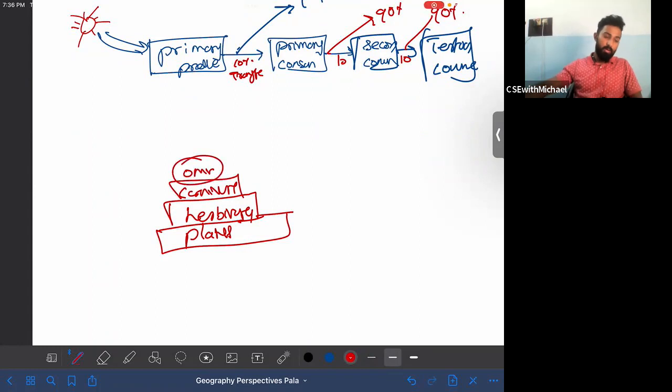Also, there is another. Right. So, the relative loss of energy is progressively greater at higher trophic levels.